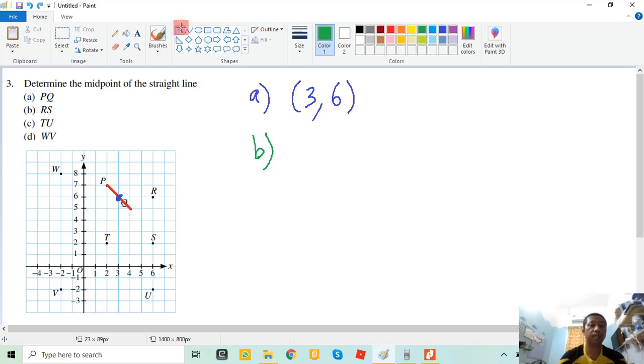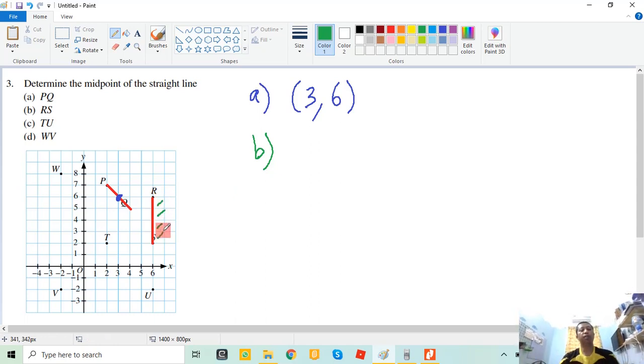Okay, let me draw again. S. Okay, let me keep the pencil first. Like this. Okay, so different color. So how many boxes? 1, 2, 3, 4.